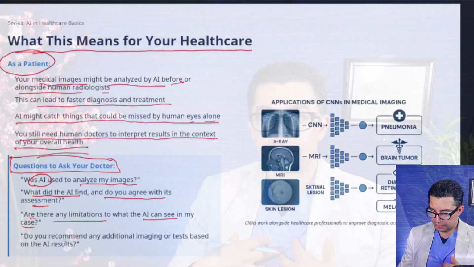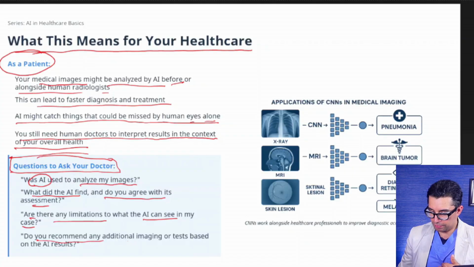So every test has its degree of importance, its benefits and its limitations. Down the line, we will need to know the strengths of this model. And patients may ask us, do we know about this? And how does that relate to my particular situation? And then follow up: do you recommend any additional imaging or tests based on the AI results?